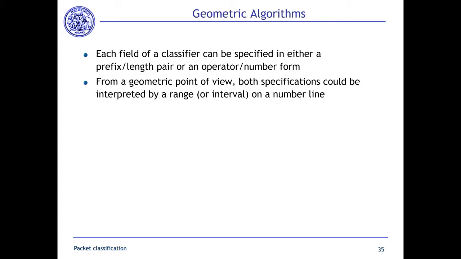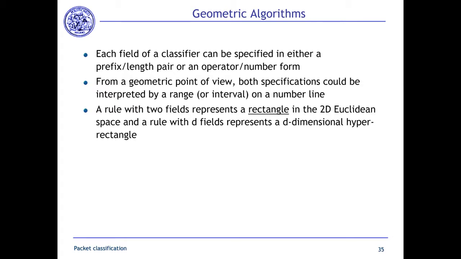Since here we have more fields, in each field you can identify intervals on a number line. When you combine more fields, you have rectangles, or d-dimensional hyperrectangles in case you have d dimensions. But always the simplest way to understand is to think about two fields.